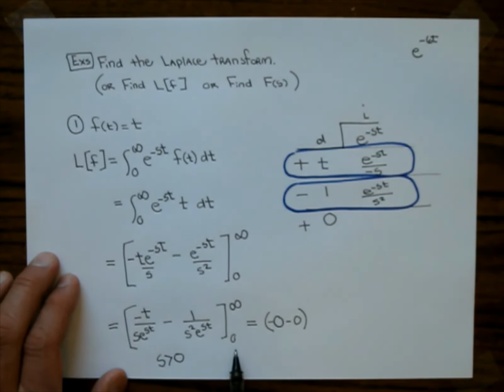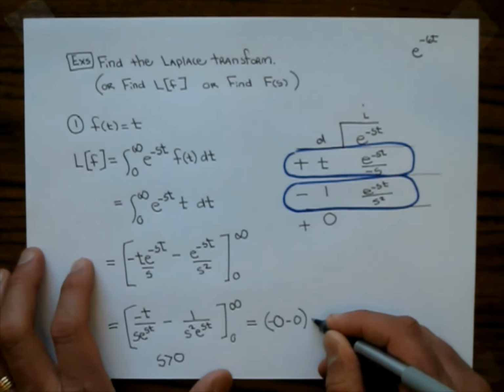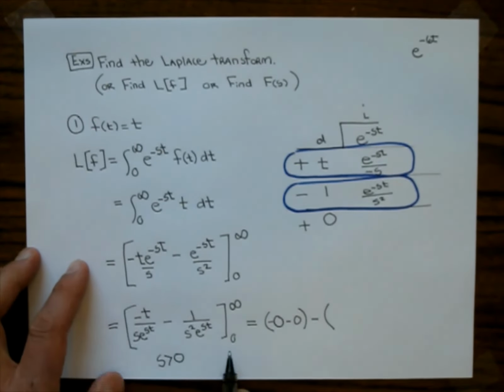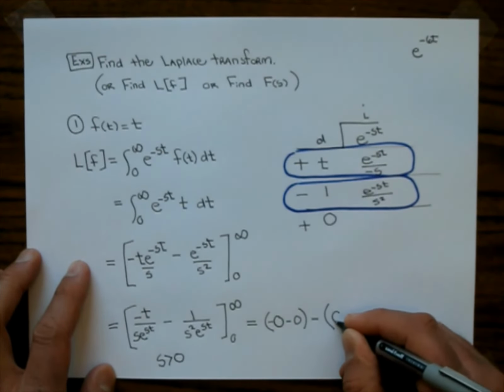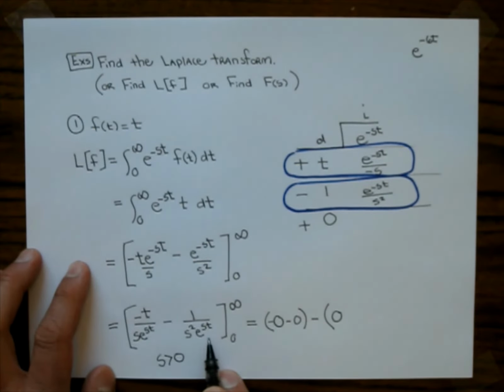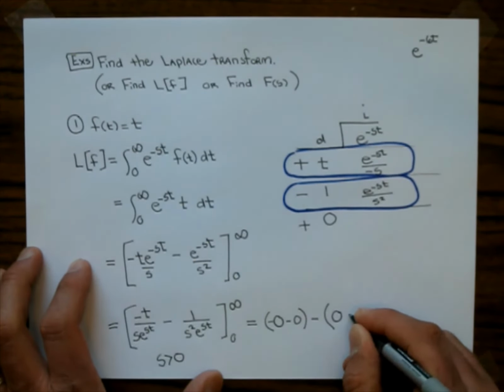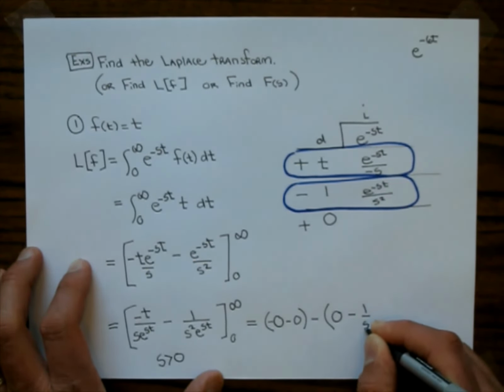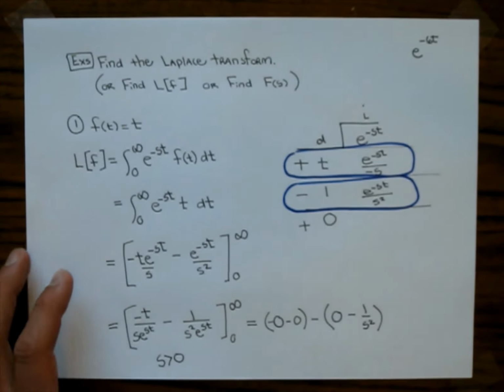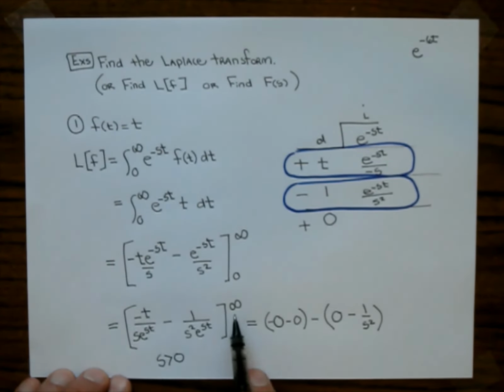Now I'm going to put 0 in for t, and when I do that, I'm going to get 0 for my first term, and putting 0 in for t on this one, I'm going to get minus 1 over s squared. So, putting those limits of integration in, the infinity, we're always going to want to get 0, and that will happen when s is greater than 0.